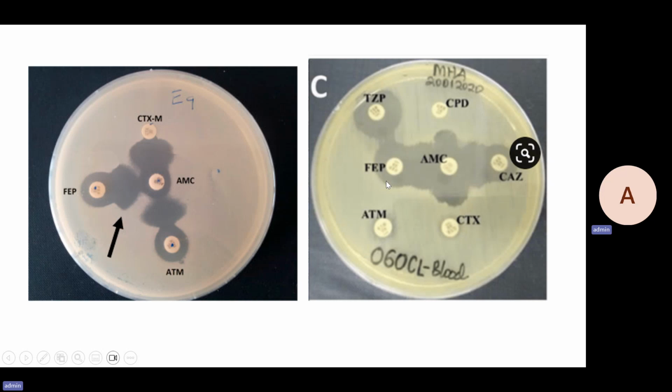Cefepime has a zone size, so you might ask how come there is a zone around cefepime? Now, what I'm telling you is all principles. In real life, the situation is much more complicated because not all ESBLs or AmpC, all these enzymes, are expressed in the same way. Sometimes AmpC or ESBL might be hyperproduced, produced in large amounts, and that might have a different pattern.